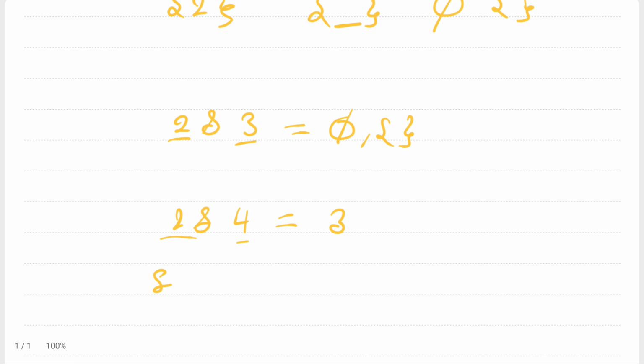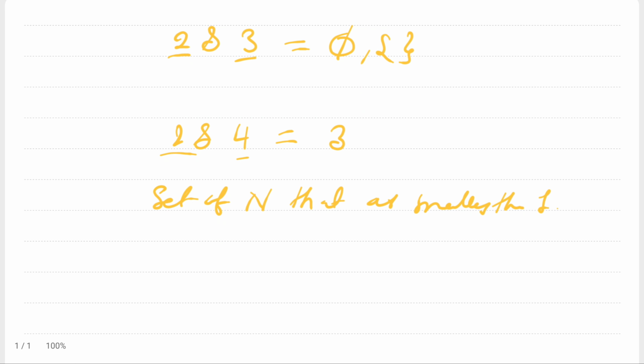The set of natural numbers, N means natural numbers only, you have to understand, that are smaller than 1. Is it our empty set or not? Natural numbers start from 1, so there is no number smaller than 1, so it is our empty set.